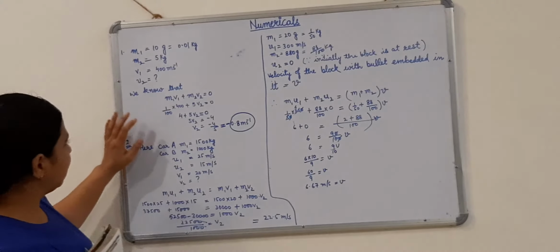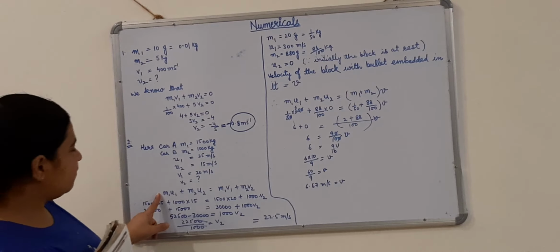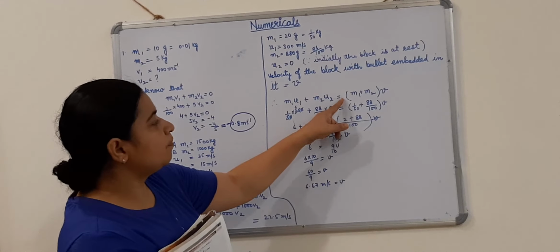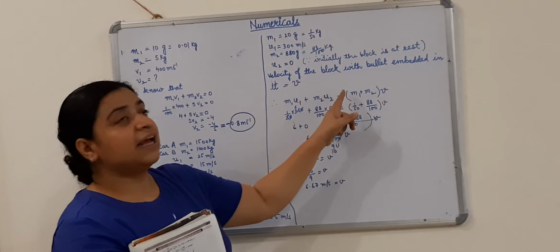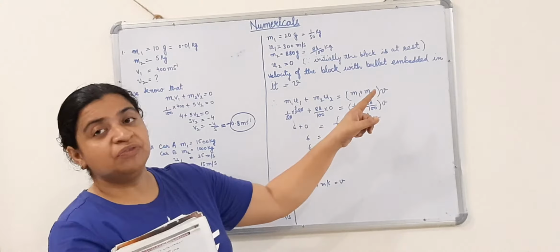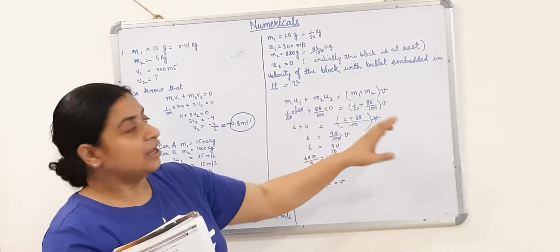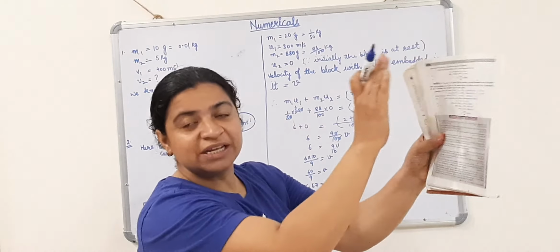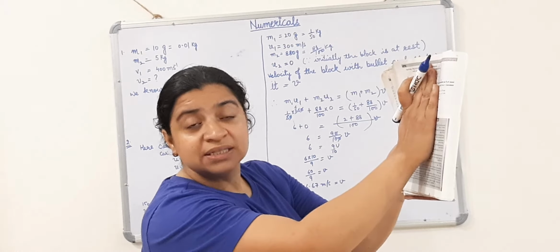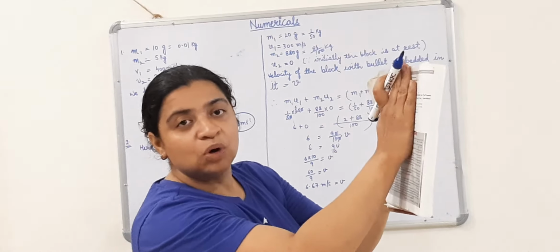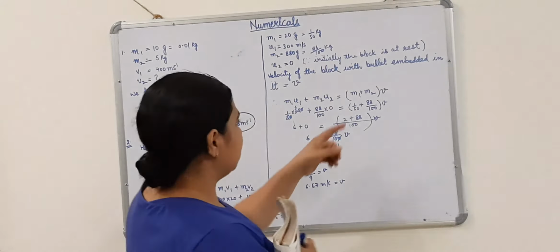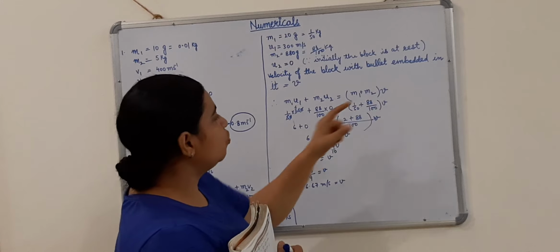Again we are going to apply the same formula here, children, that is m1 into u1 plus m2 into u2 is equal to, why have I not written m1 into v1 plus m2 into v2? Because the bullet has got embedded into the block. Now these two things are not moving separately, but the block will move along with the bullet, so they will get one velocity only. So that is why m1 plus m2 into v.